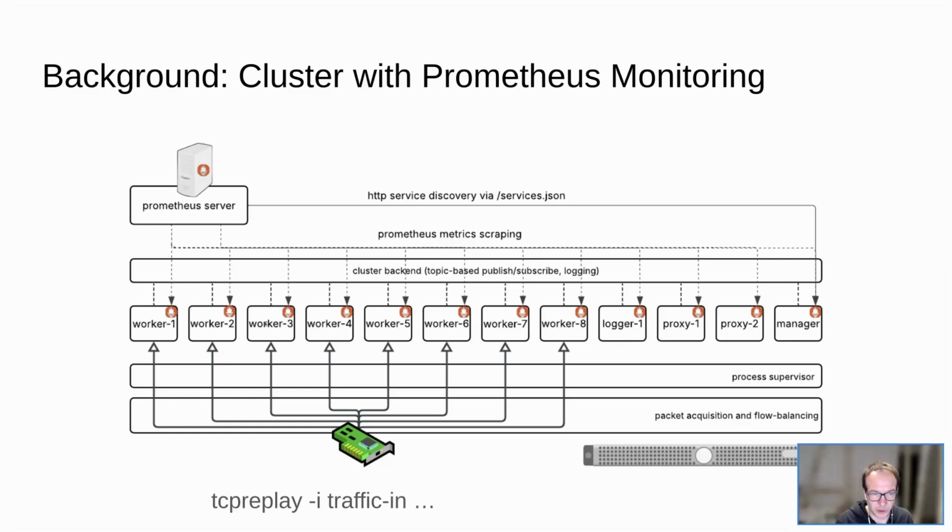So for each of the workers, you can get metrics via the Prometheus endpoint. The interesting thing here is that because those are all separate processes, and we communicate explicitly via a cluster backend, you can also horizontally scale across multiple machines.